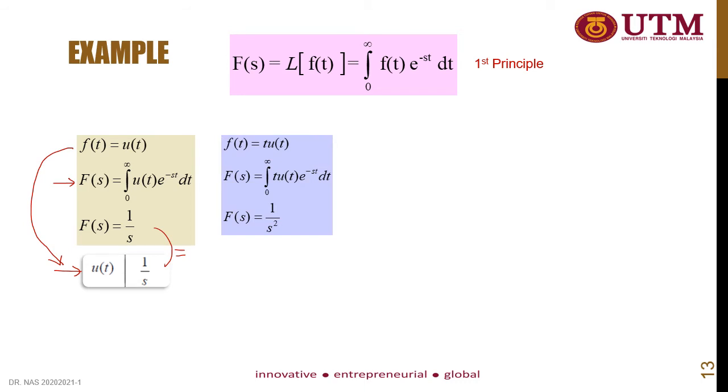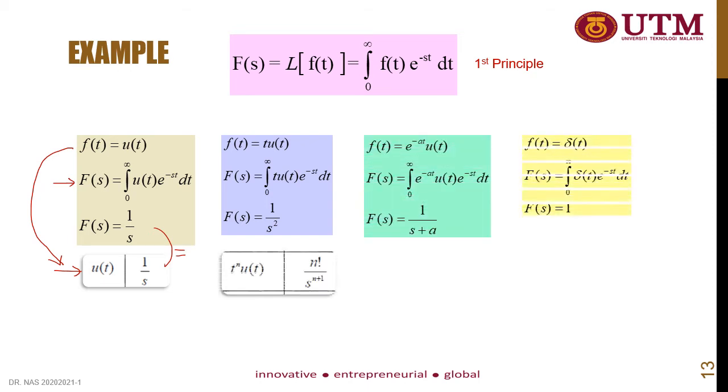Okay, same goes for the next equation. You have a function t u(t). By using first principle, you perform the integration and you get 1 over s squared. If you refer to the table, when you have t to the power of n u(t), in the s domain it is equal to n factorial divided by s^(n+1). In this case, your equation is t u(t), so your power n is 1.